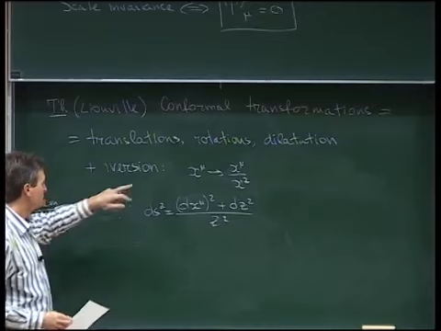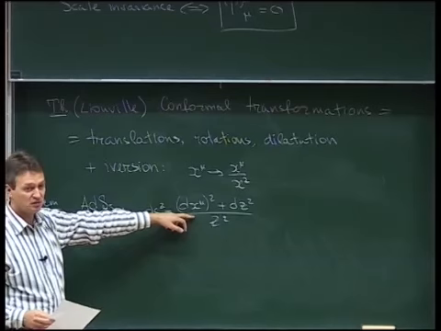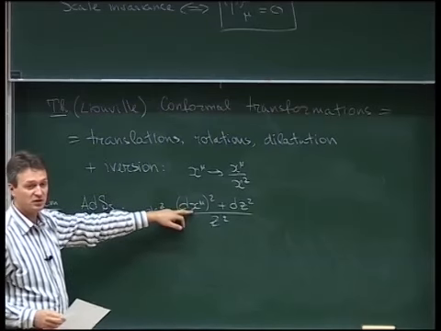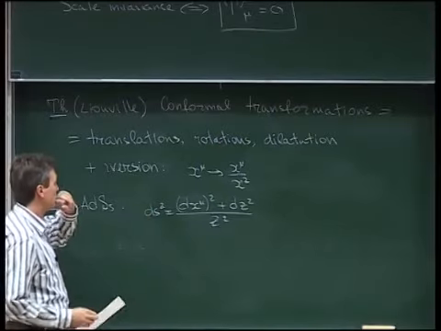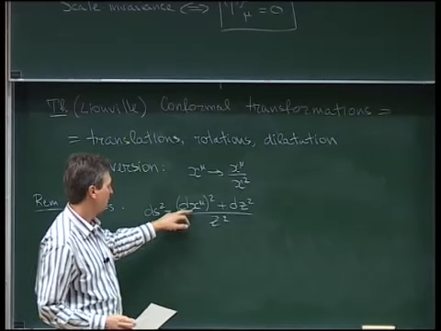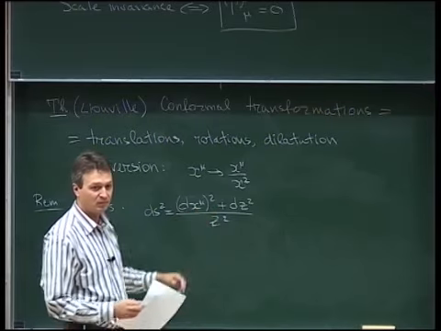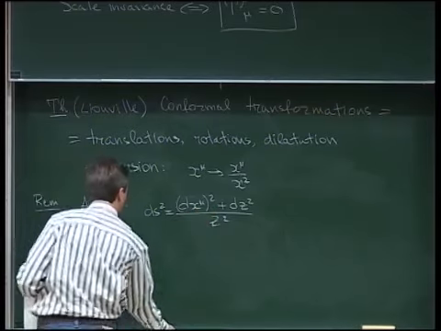So it's obvious that it's invariant under translations in x or rotations of x. It's also scale invariant. So if we rescale x and z by the same factor, the metric stays the same.